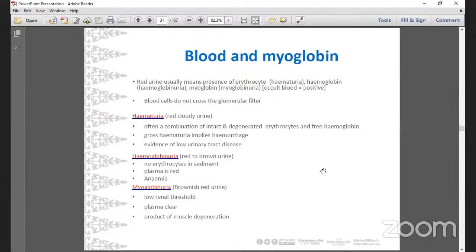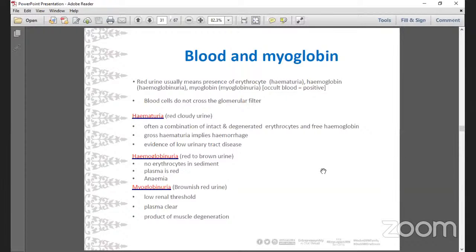Okay, blood and myoglobin. When you see a red color of urine, this may indicate presence of erythrocytes in the urine, hematuria. It could be due to hemoglobin presence in the urine, hemoglobinuria, or myoglobin presence in the urine, myoglobinuria.